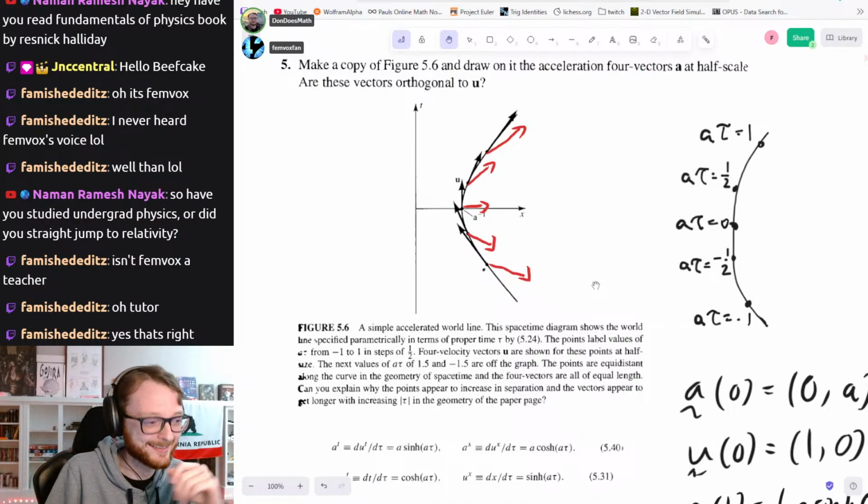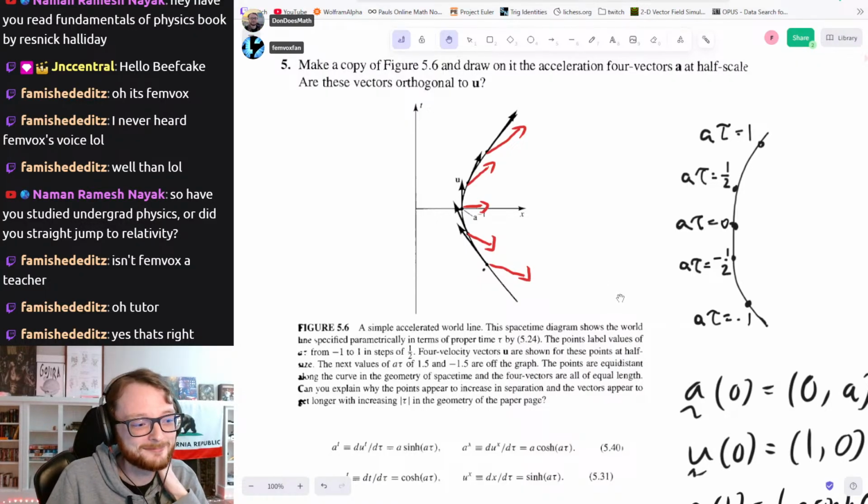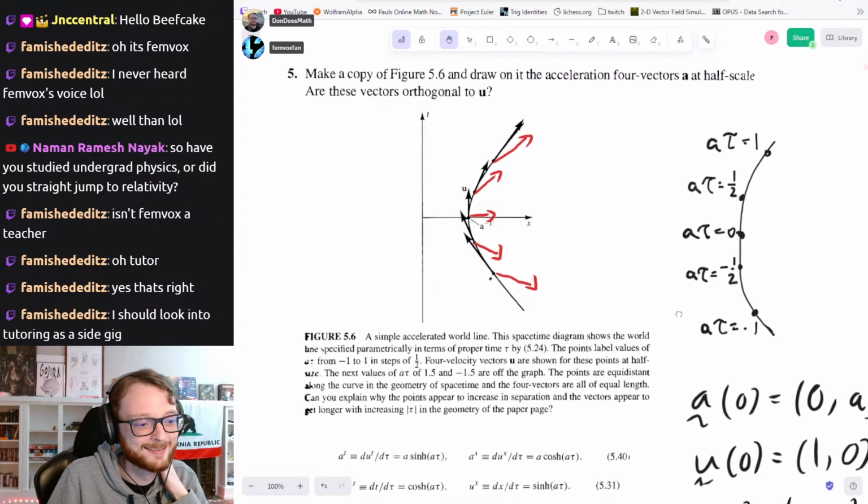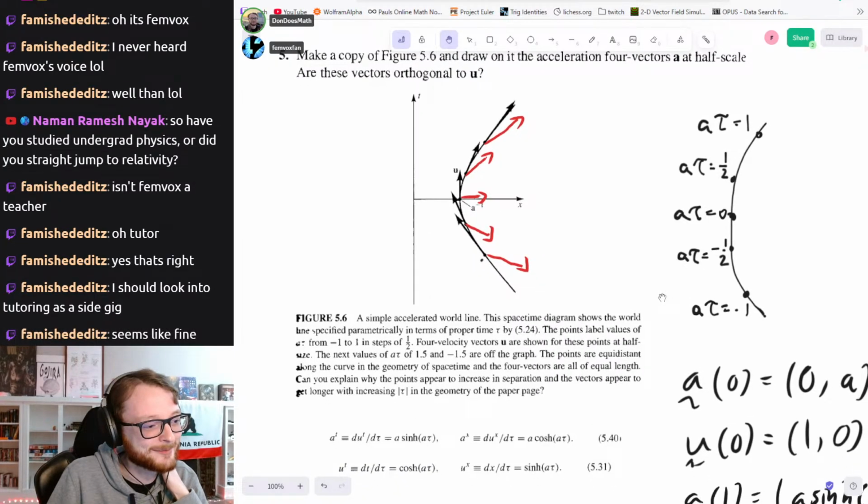That's a really good metaphor. Naman, I took two physics classes as an undergrad, and I've done some self-studying too.